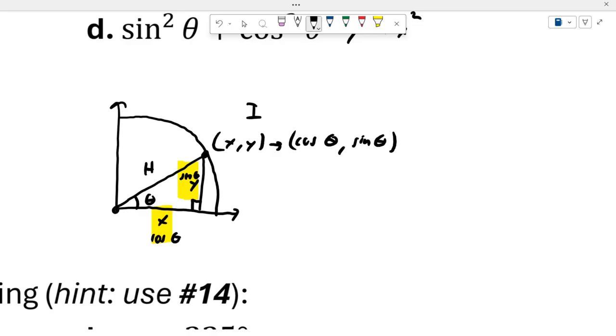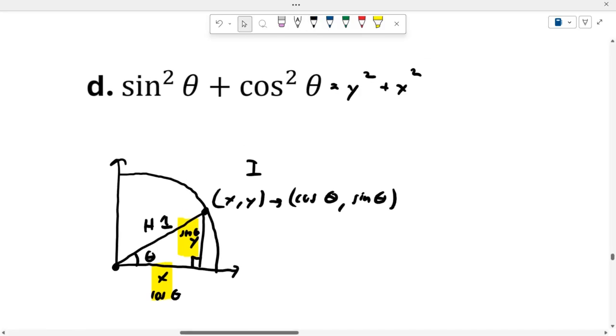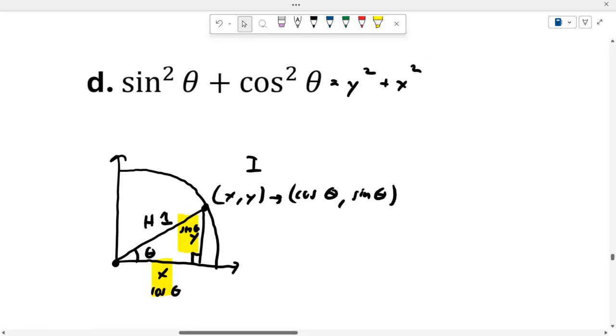And notice that I'm going from the center of the circle out to the circle itself, which means your hypotenuse is, in fact, 1. So you end up getting this equation of x squared plus y squared, or y squared plus x squared, equals 1 squared. Because that's the Pythagorean theorem.